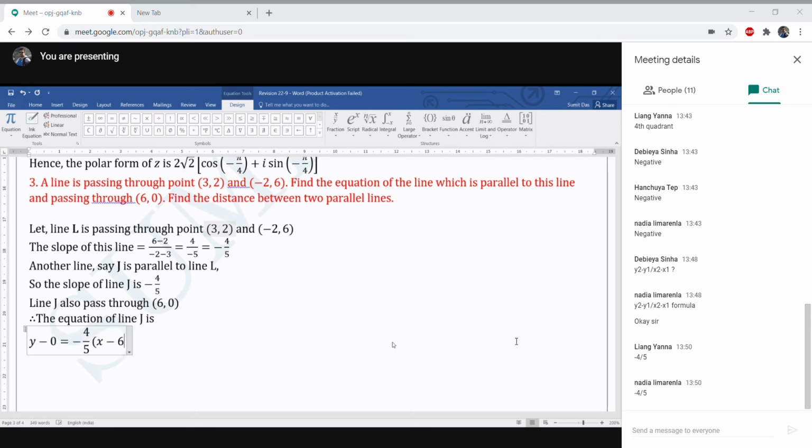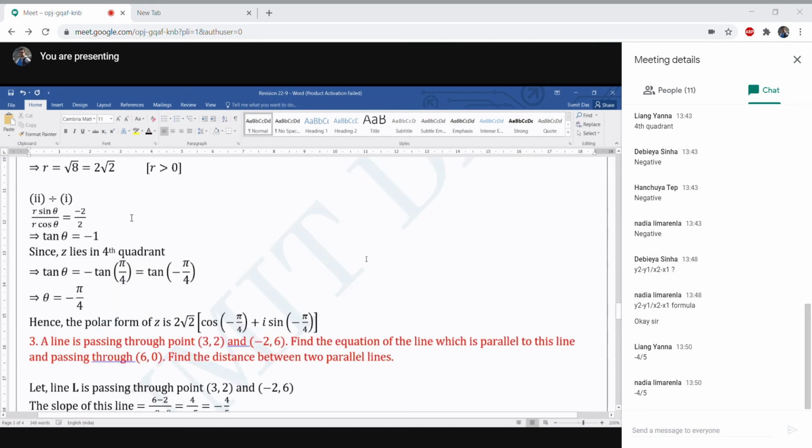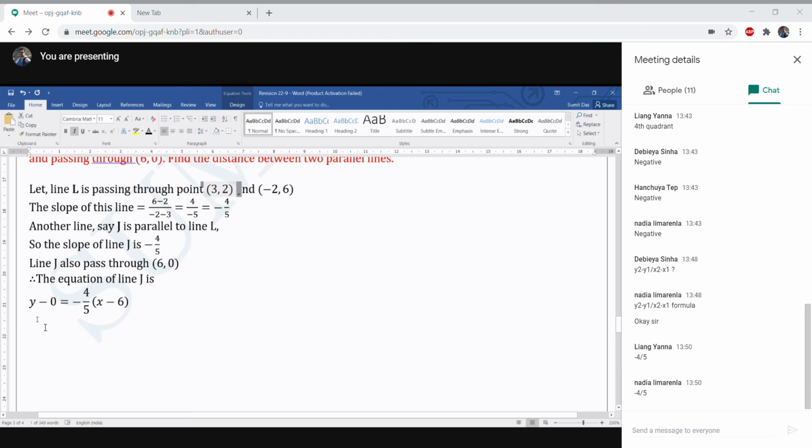If you simplify this, you will get 5y, since y minus 0 is y, this 5 will multiply here, equal to minus 4x plus 24. If you take everything to the right side, it will be 4x plus 5y minus 24 equal to 0. That is the equation of the line.